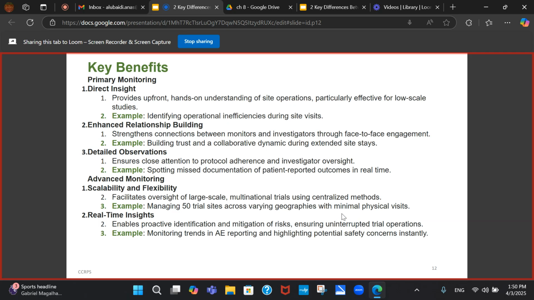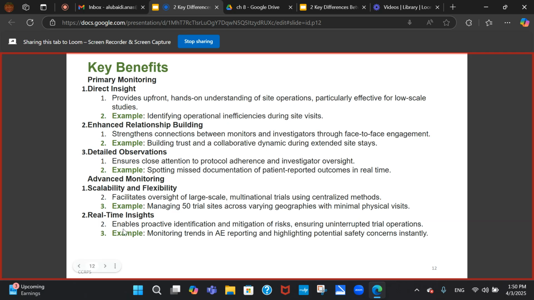So instead, here as monitors, we can minimize the need for in-person physical on-site visits. And at the same time, we are still monitoring, for instance, 50 trial sites, and we are able to manage that. How? By applying advanced monitoring. And advanced monitoring, again, is using centralized methods. Real-time insights.